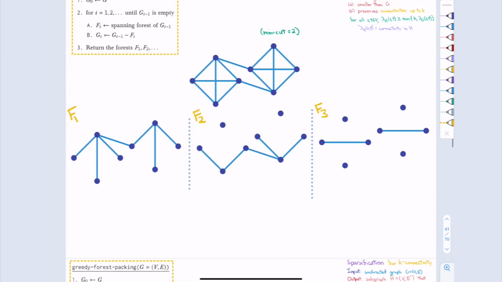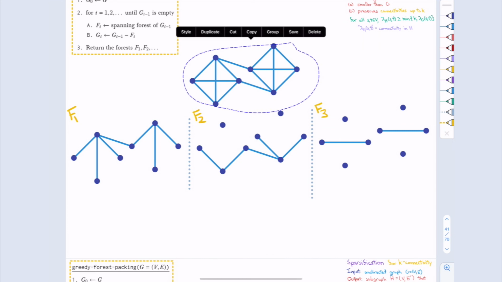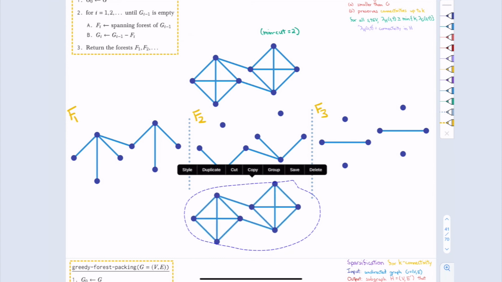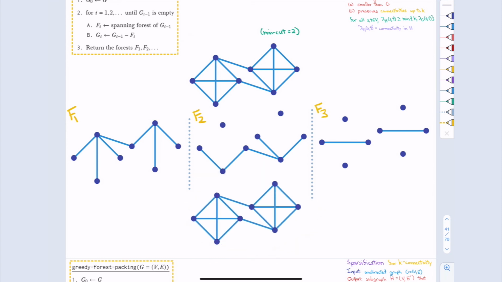And I guess the interesting part of the claim, let me draw this. So the original graph had min cut 2, right? Remember that, that's the 2 edges in the middle. Now the claim is saying that if I looked at just the union of the first 2 forests, so here's F1 union F2, that should preserve it. Every vertex should have connectivity at least 2 in this graph.